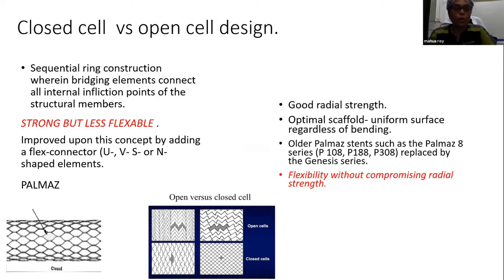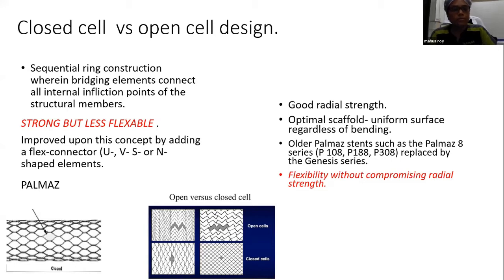What does it mean by closed cell design and open cell design? In a simpler way, closed cell means a corner of one cell is attached to the neighboring cell, which gives good radial strength, but causes less flexibility.